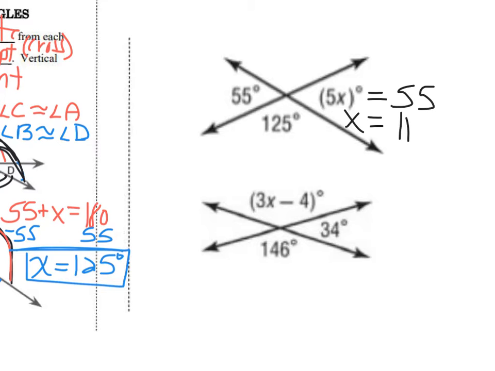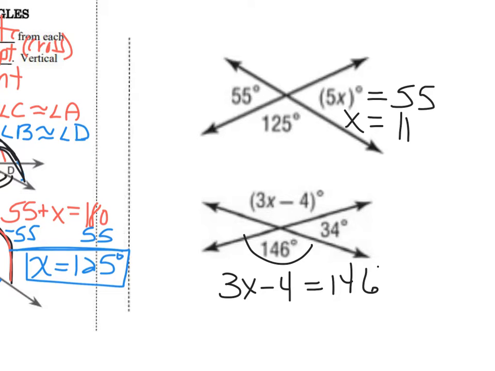Okay, let's go ahead and do the last one. So you have 3x minus 4, then you have 34, and then 146. So what can I do to find x? I know 3x minus 4 has to equal 146.